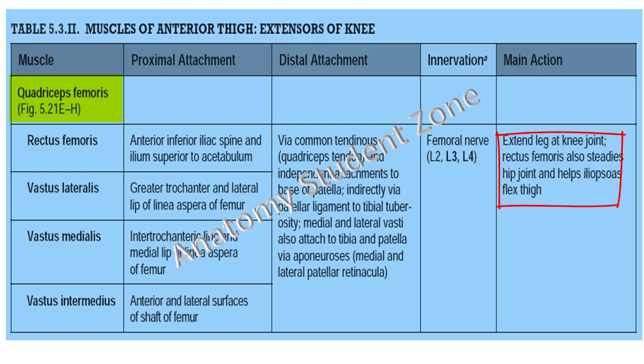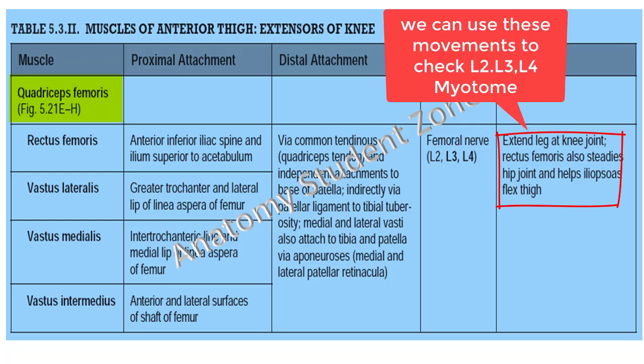It means we can use this movement to test the L2, L3 and L4 myotome levels which supply the femoral nerve, because the quadriceps femoris is innervated by the femoral nerve, which arises from the L2, L3 and L4 segments of the spinal cord. Hence, we can test extension of the leg at the knee joint by testing these myotomes.